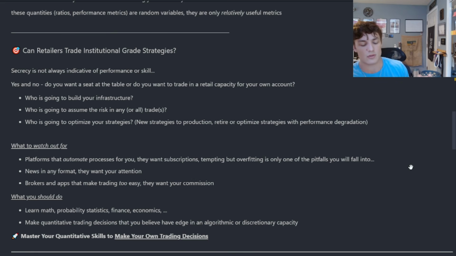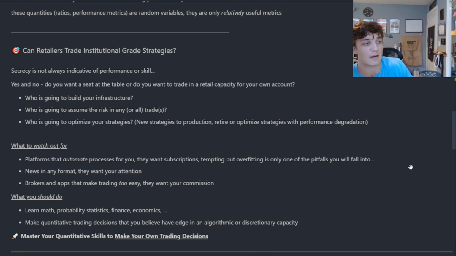If you download, is it Coinbase? I think if you download Coinbase and you make a deposit, you can trade before your deposit clears. That is absurd. They just want your commission. They're making money every single time you trade, and they want you to trade. So these are things to keep in mind when you're operating in this space.